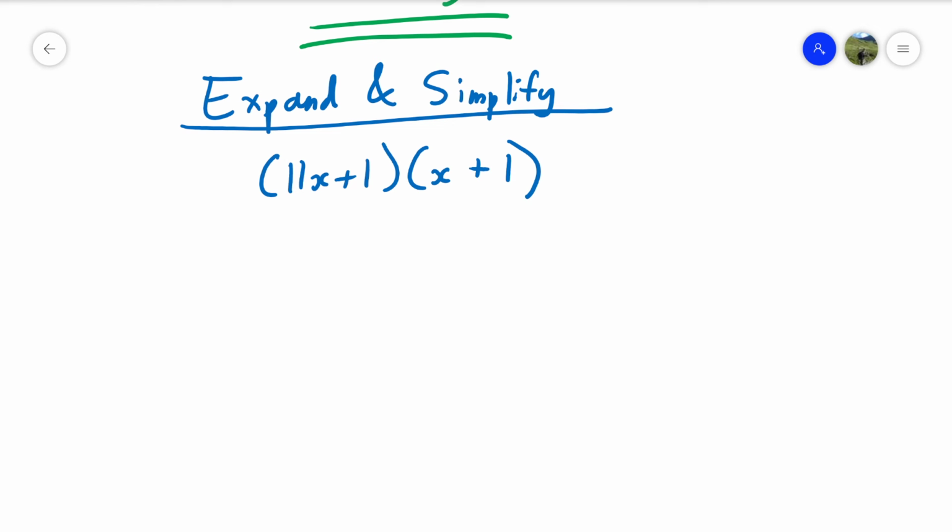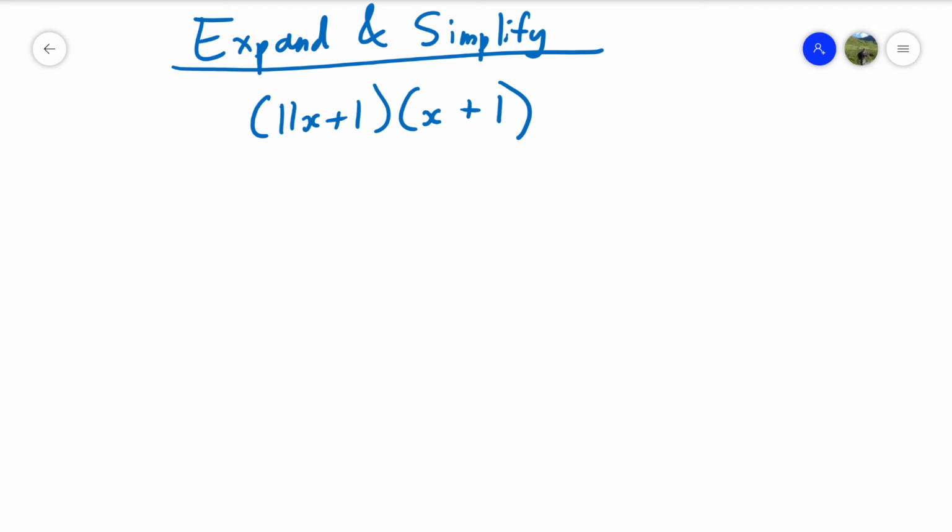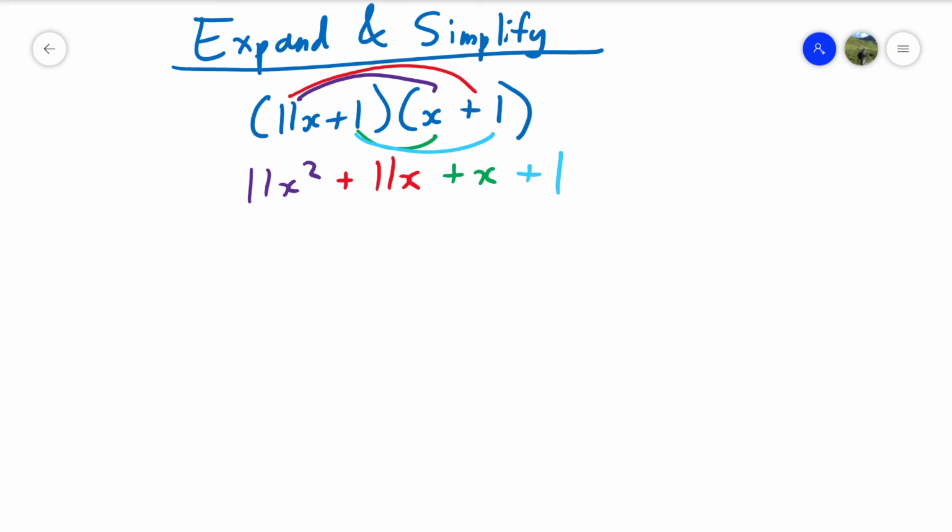So have a go in your own time, and then I'll do it. Okay, that is 11x squared plus 11x plus x plus 1. Write the final answer, 11x squared plus 12x plus 1.